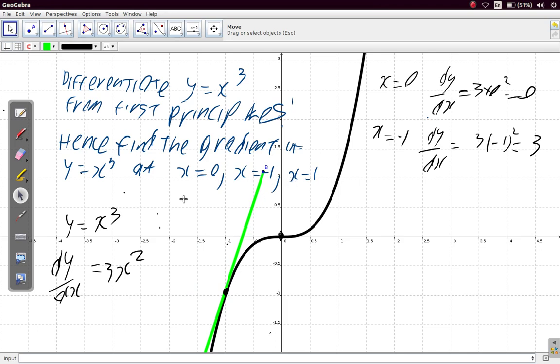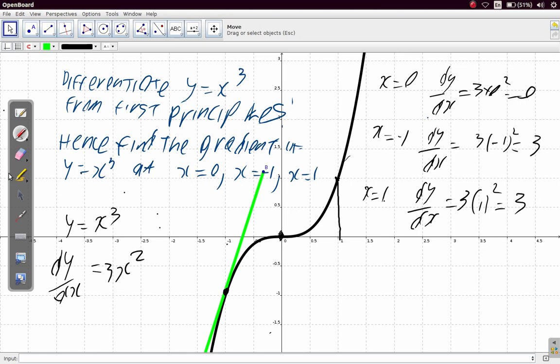Alright, let's find out what the gradient is when x is 1. When x is 1, what happens? At x equals 1, dy by dx, the rate at which y is changing with respect to x, will be 3 times 1 squared, which is just 3.